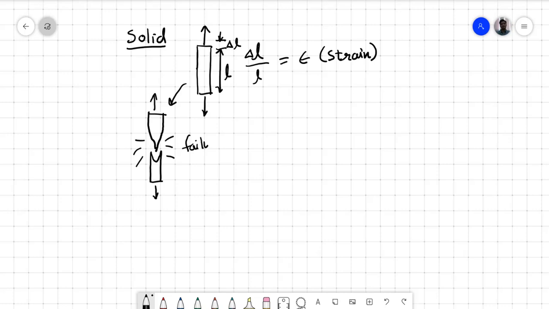By the way, what is stress? I can explain that here. Stress is force per unit area.